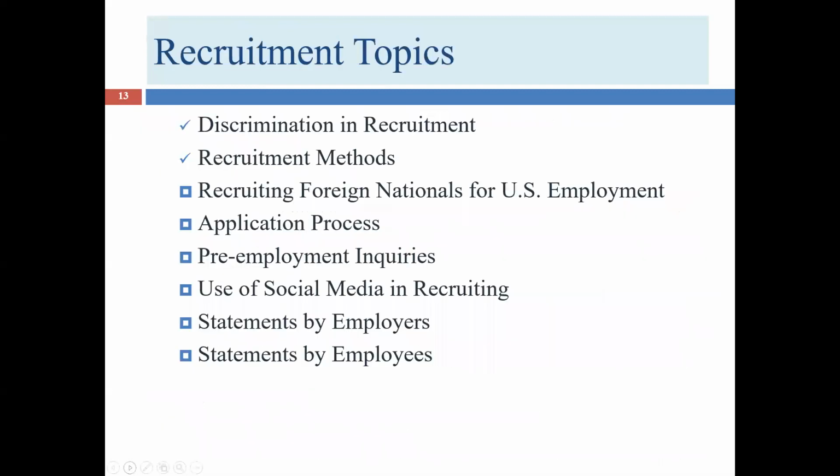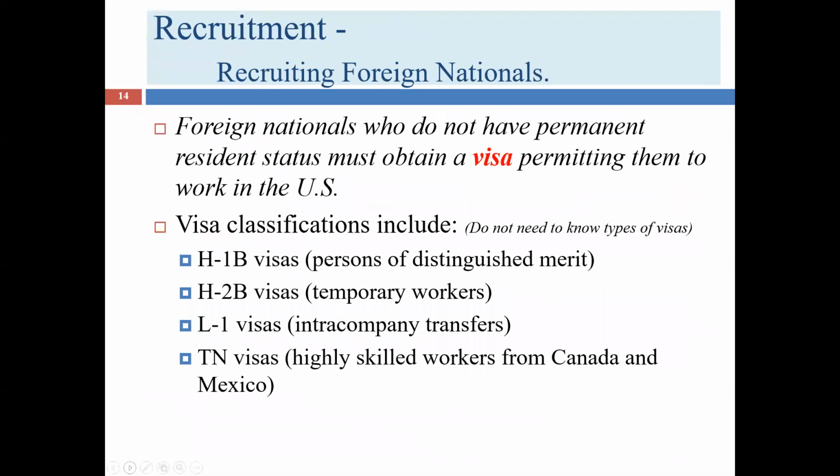So let's talk very briefly about recruiting foreign nationals. The first thing to say about this is that if your client or your business or company wants to hire foreign nationals, then you will likely need to consult with an immigration attorney.